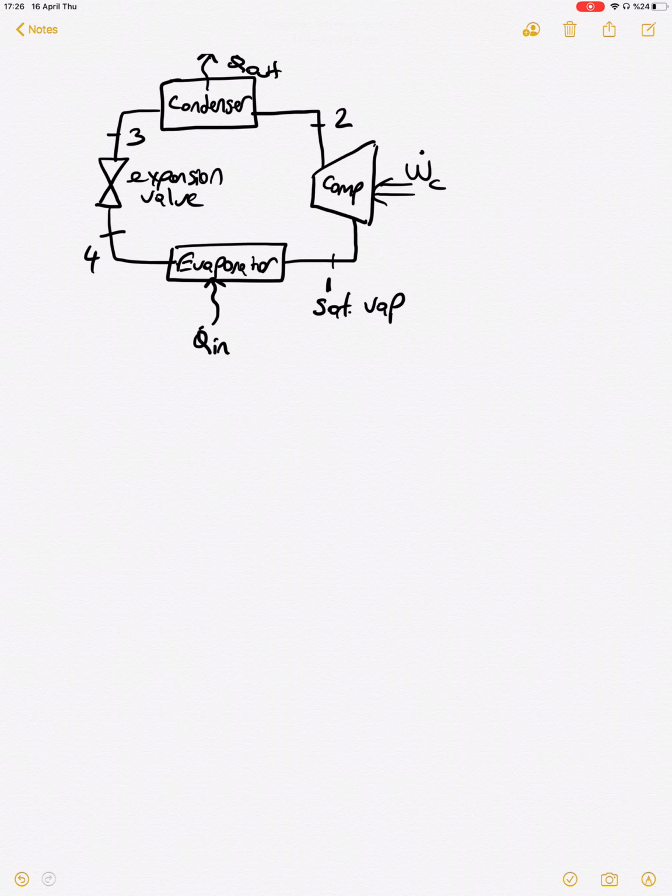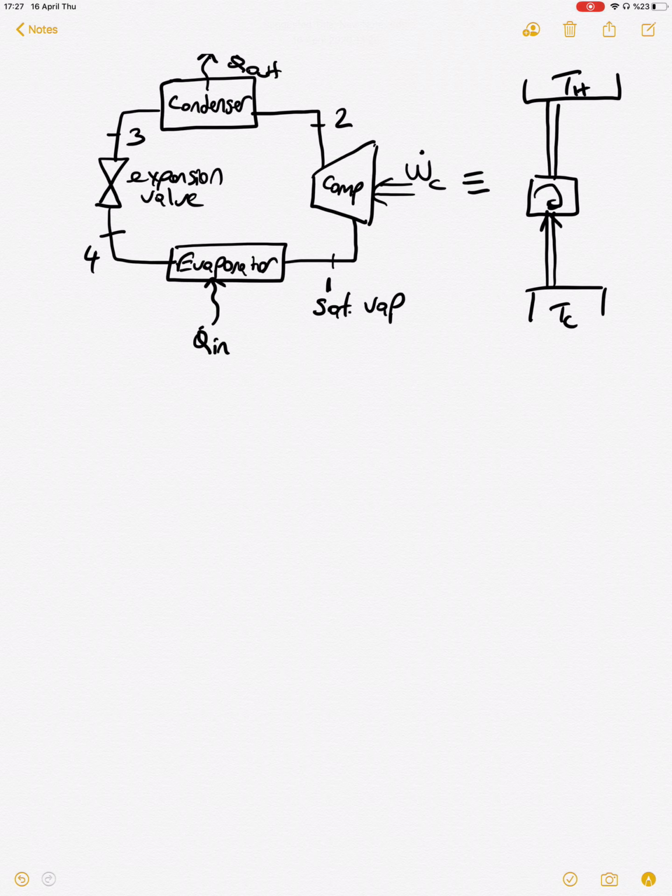This is nothing but equivalent to a high temperature reservoir and a low temperature reservoir, with a system working as a cycle, carrying energy in the form of heat from the low temperature reservoir to the high temperature reservoir. Of course, in order to perform that, we require work.